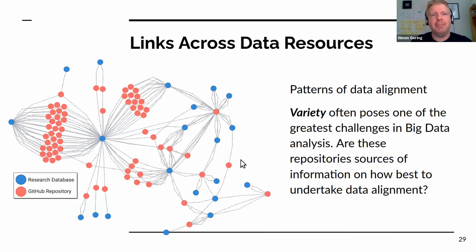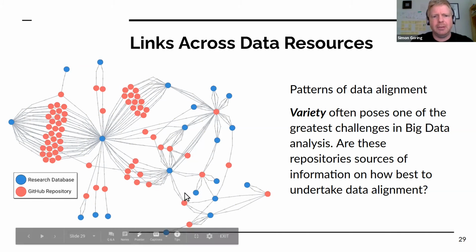So here is an example of a simple graph that's just showing sets of research databases and then GitHub repositories that link them. This is within the earth sciences. This is a small subset of links within the earth sciences.